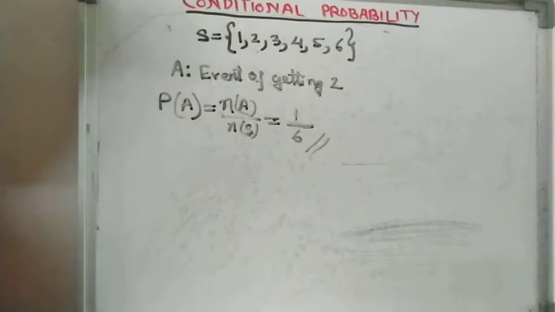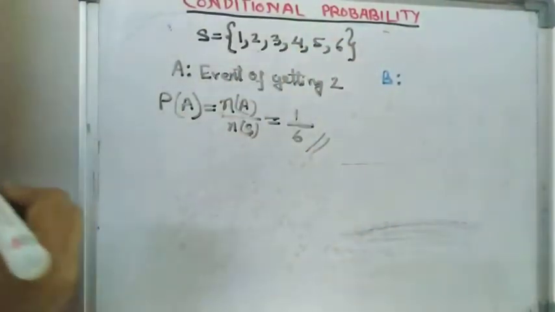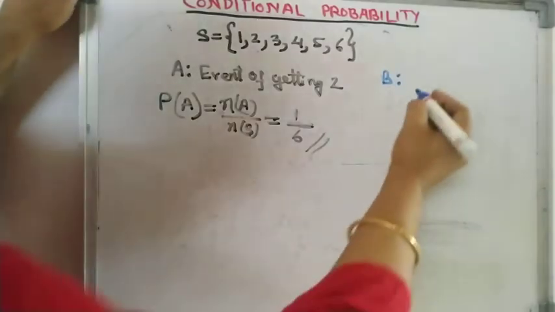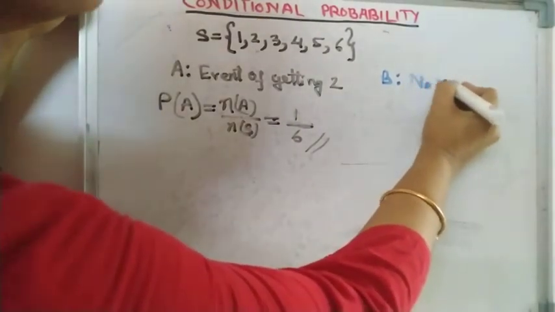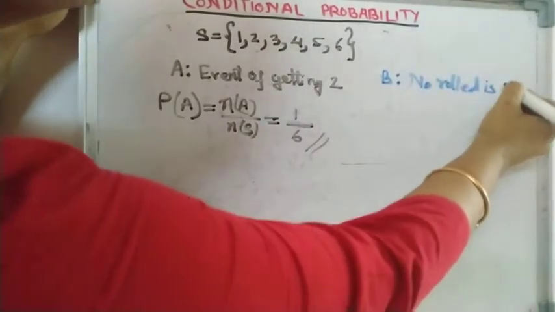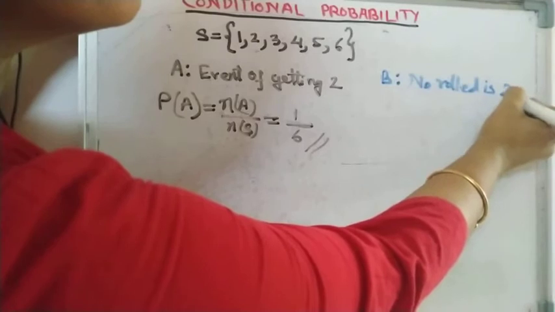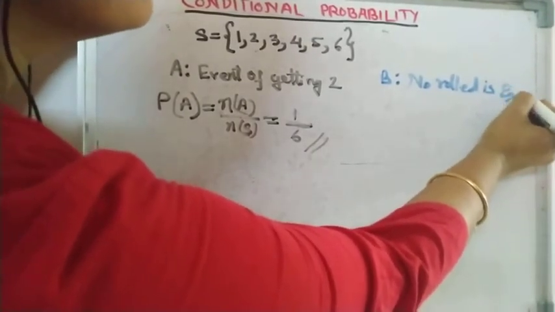Now, if a second event is given to us, that means a hint is given to us, that the rolled number is even. Number rolled is even.